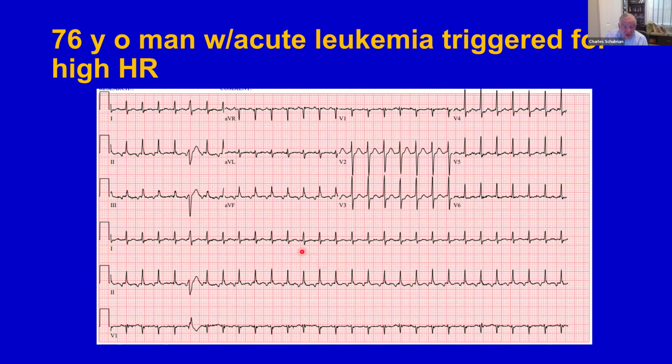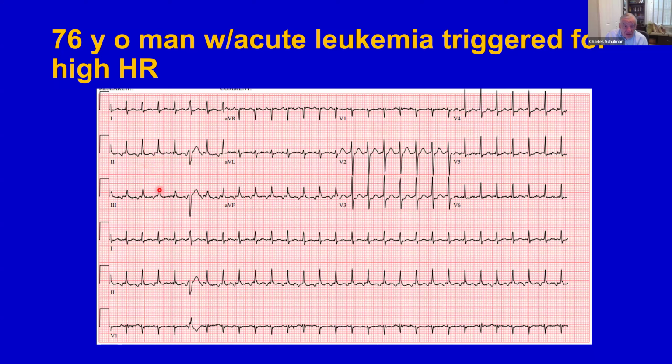Okay. And what you see are P waves. But the P waves are not sinus P waves, right? Because they're inverted in 2, 3, and aVF. And you can hardly see them; possibly that second little blip is a P wave in V1.